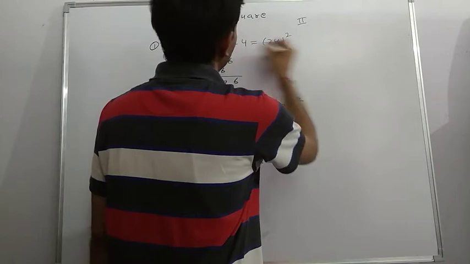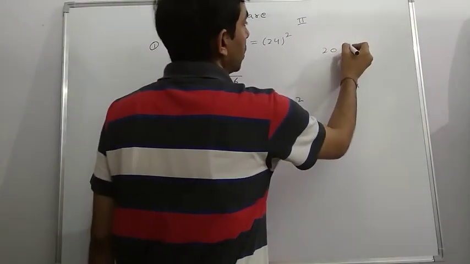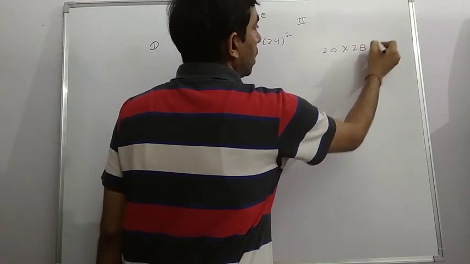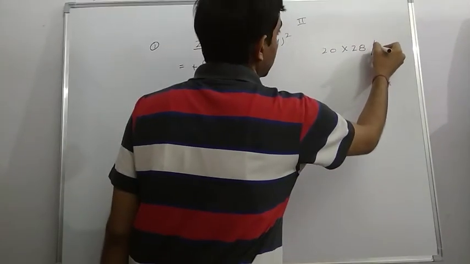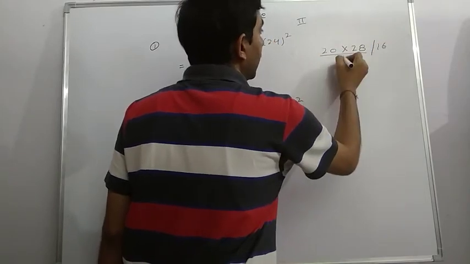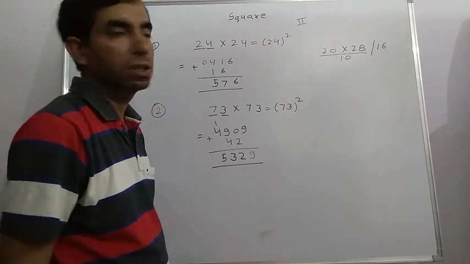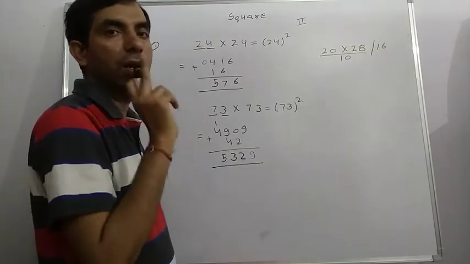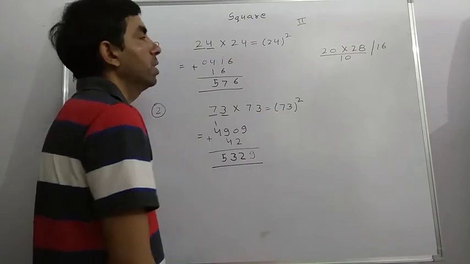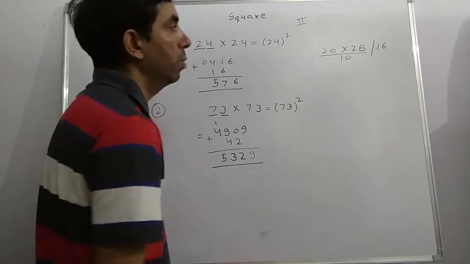So 24 minus 4 is 20. 24 plus 4 is 28. Here we write the square of the difference, which is 16. In the denominator we write 10 because we are taking a difference of only 1 digit. Then write zeros after 1. If we take a difference of 2 digits, then we write 100 in the denominator.